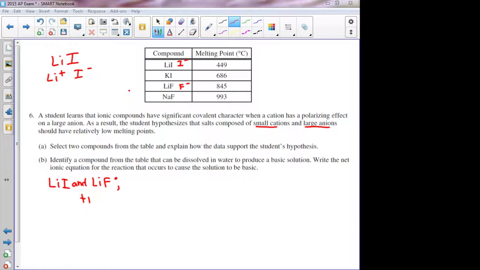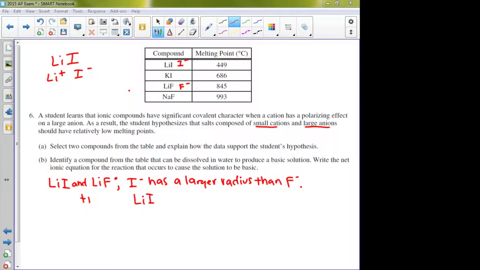I has a larger radii than F, and it has a lower melting. Okay. I negative has a larger radius than F negative. Do we all agree with that? Yes. And what do we notice about the melting point of LiI compared to LiF? It's smaller.